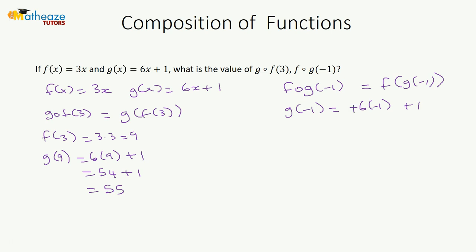Sorry, this is positive 6 multiplied by negative 1 plus 1, which is negative 6 plus 1, which is negative 5. Now we need to find f of negative 5, which is going to be 3 times negative 5, which is negative 15.